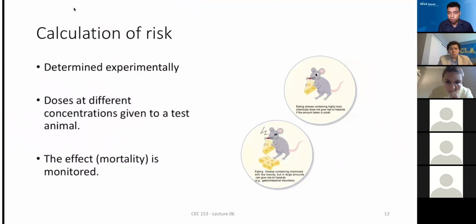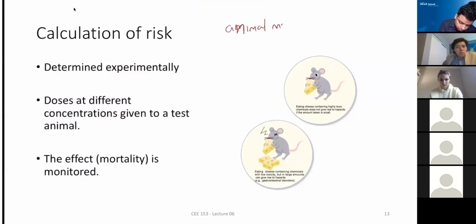But today is all about risk. Risk is determined experimentally. For instance, if I say this is a risk, somebody has done an experiment. Usually they use some kind of animal models to assess risk.